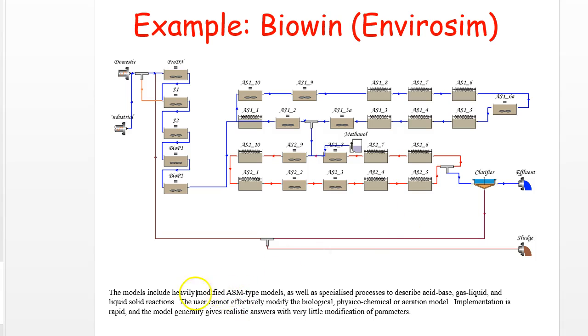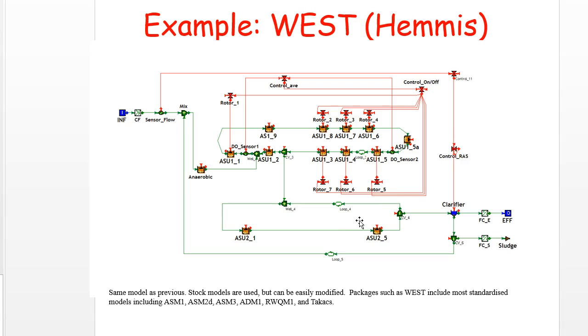Like here, modified activated sludge model type that can be put into the various boxes. There are more examples. WEST, same difference really, but where you can use the different activated sludge models and so on, but also other types of models we mentioned before.